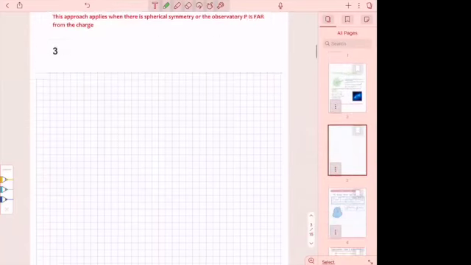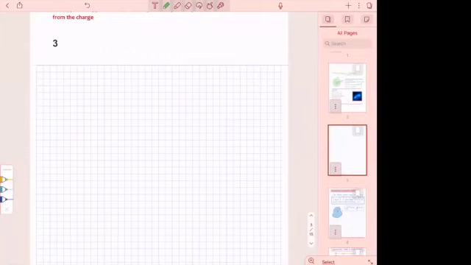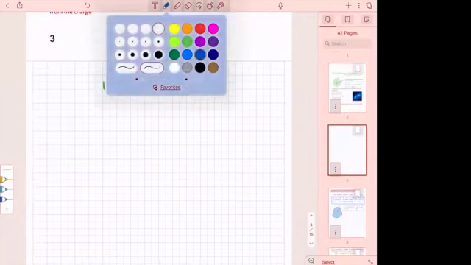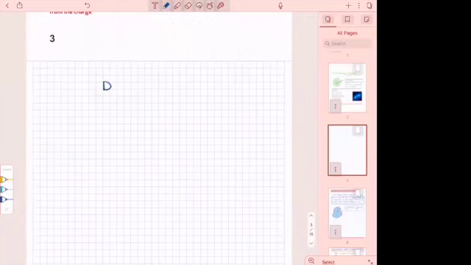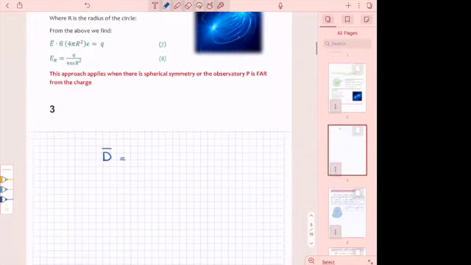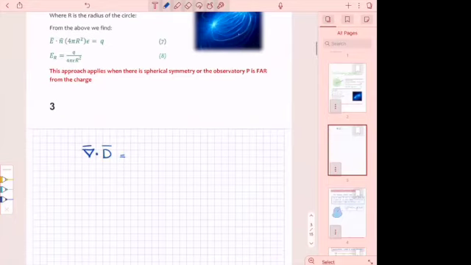is the following. It tells us that this electric flux density that we have already defined has this property: the divergence of this flux density is whatever Q it applies to.